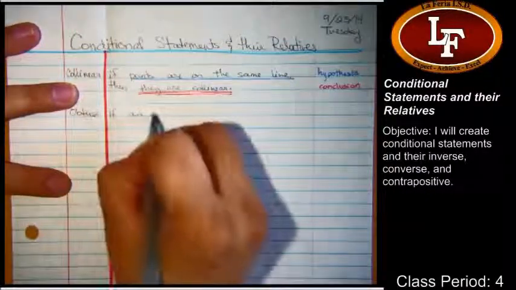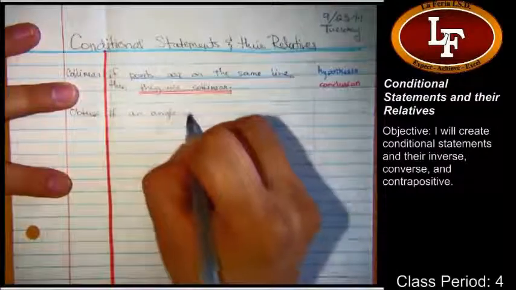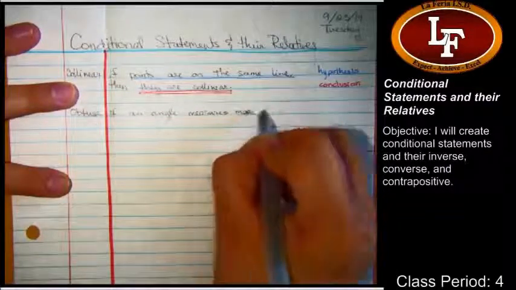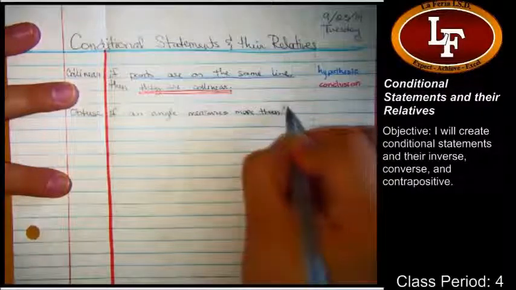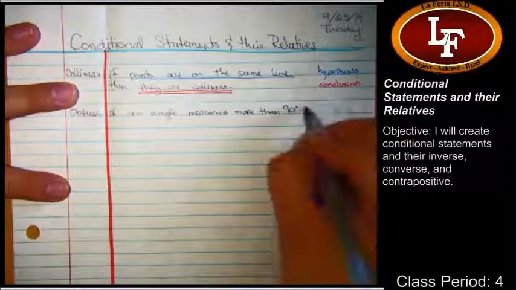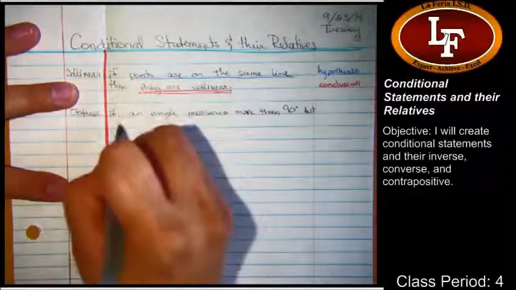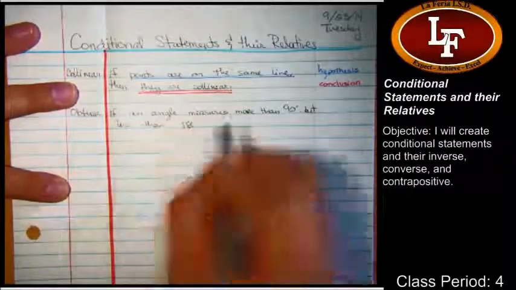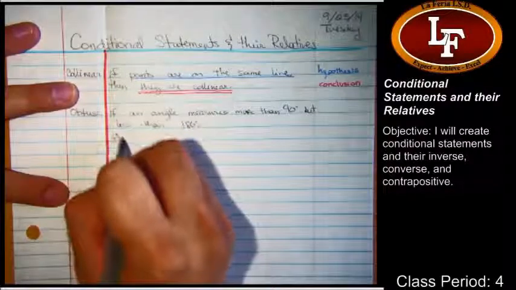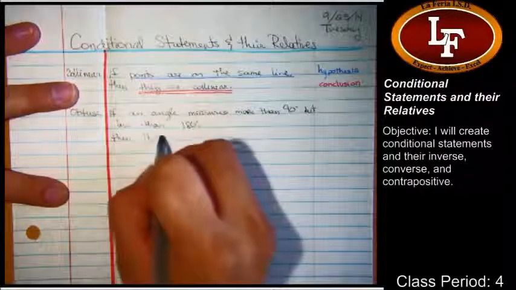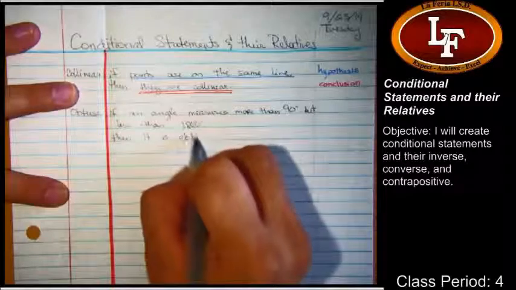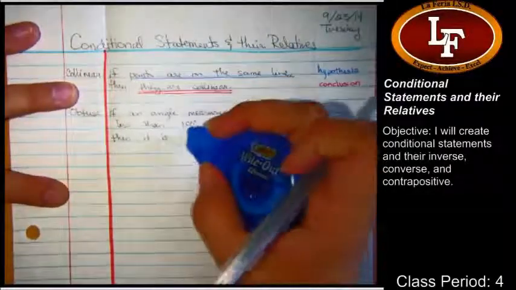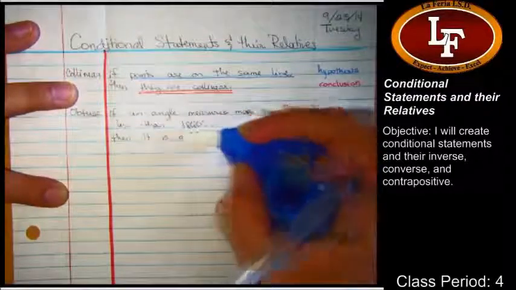If an angle measures more than 90 degrees, but less than 180 degrees, then it is, well, let's put the right article in there, right? Then it is an obtuse angle.